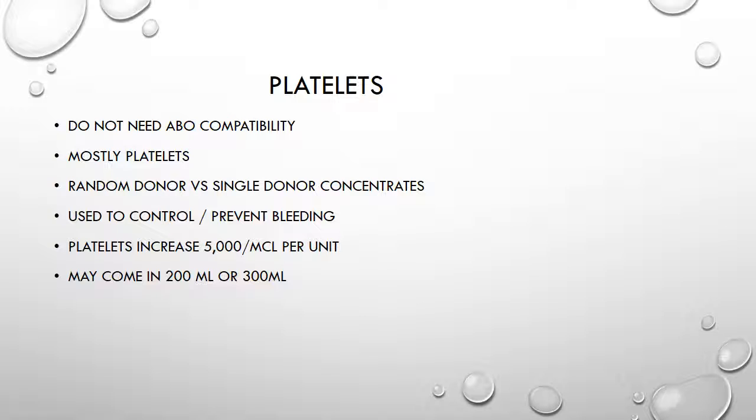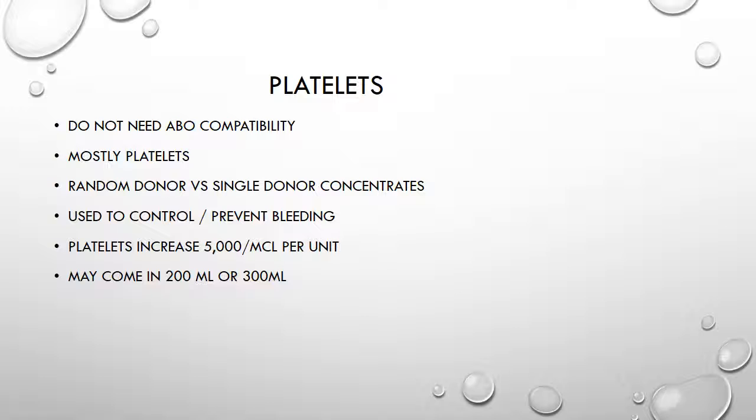What that means is, because there's no need for any ABO compatibility, we can get a unit of platelets that has come from multiple donors, meaning multiple donors have actually given blood. They have separated out the platelets. So we may get platelets from various different people in one unit, or we can get a single donor who's actually donated units of platelets.